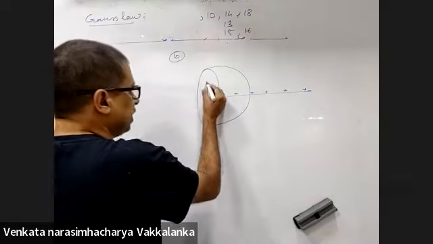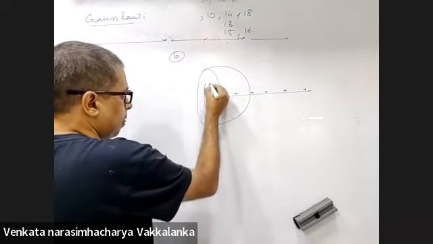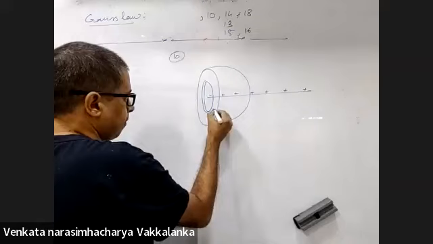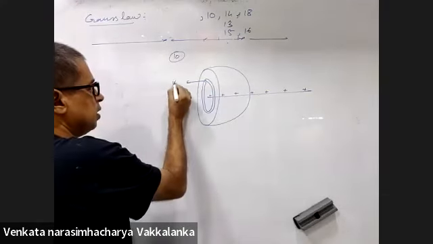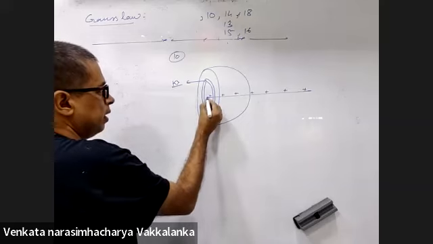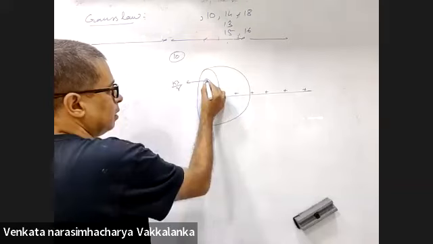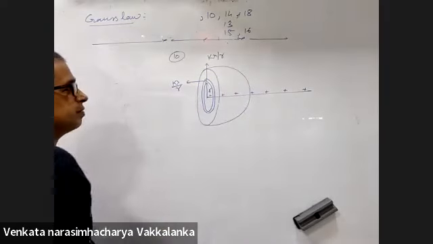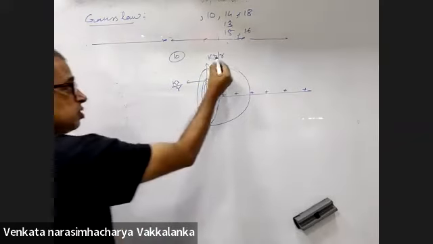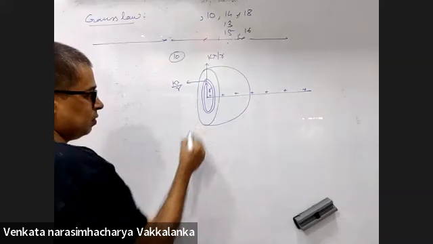Now, if I can calculate the flux through this circular path, because of the wire, this will be k lambda by r, I'll take this to be smaller, right? This will be k lambda by small r. Now, this k lambda by smaller r with this area will give me the flux.